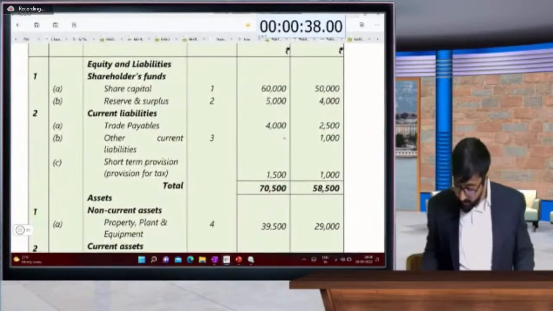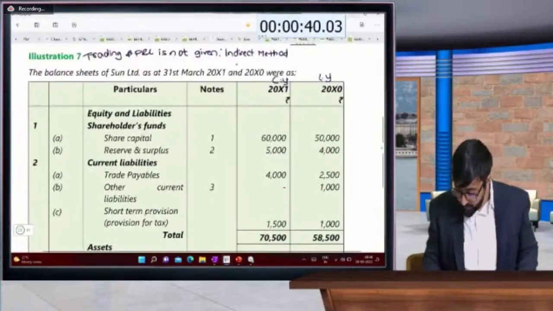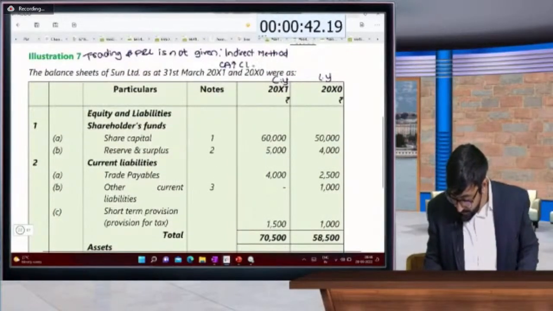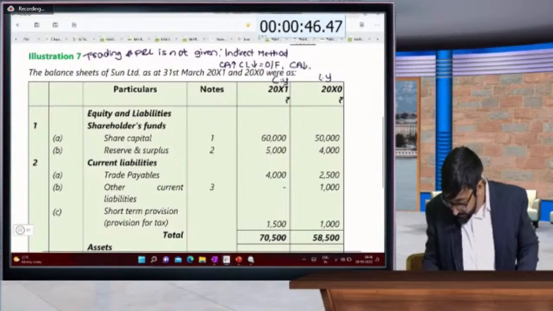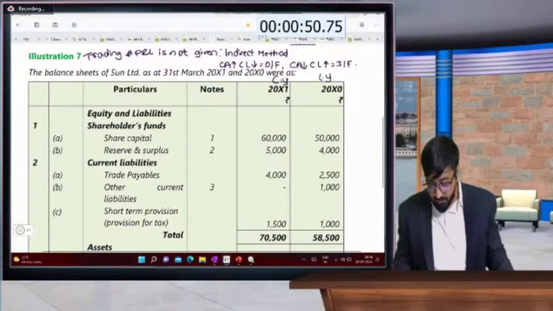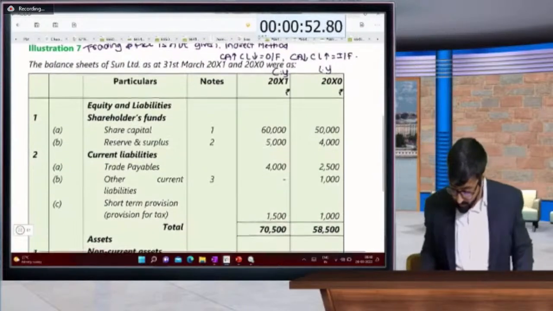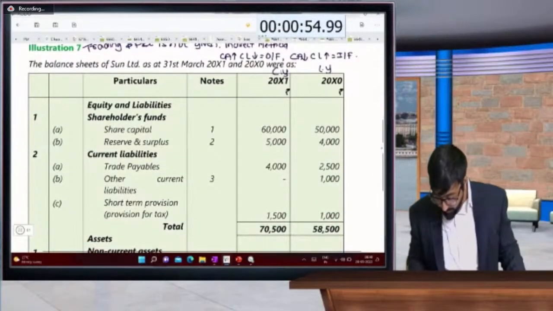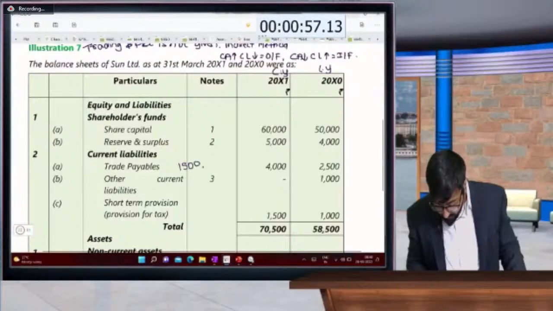Trade payable. One important point: current assets increase, current liability decrease, it's outflow. You can write over here: current asset decrease, current liability increase, it's inflow. Now, trade payable, 1500 increase, inflow.